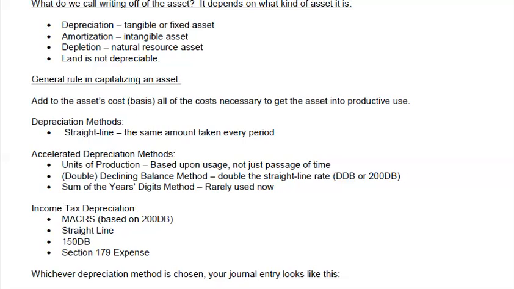The IRS has run across it and has got it in the IRS publication on depreciation.